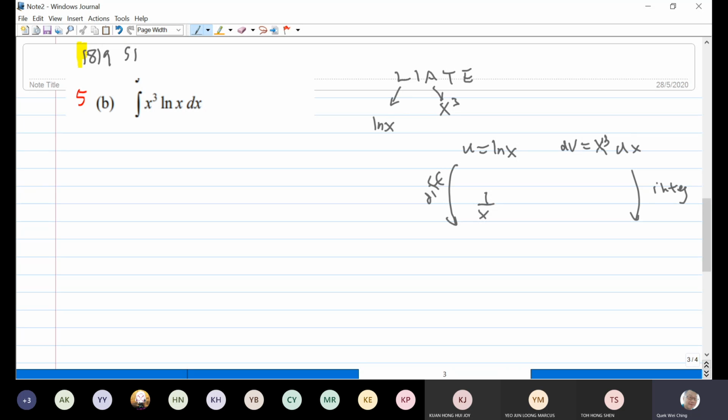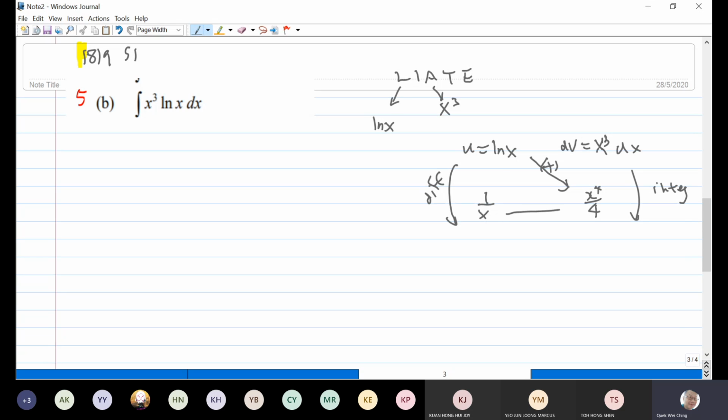Integrate x cubed, use the power law now. Integrate x cubed, get x power 4 over 4. Now, this situation is different from the earlier one because in the earlier one, you differentiate until you get 0. This one will never get 0. So we stop here. We get a plus sign.